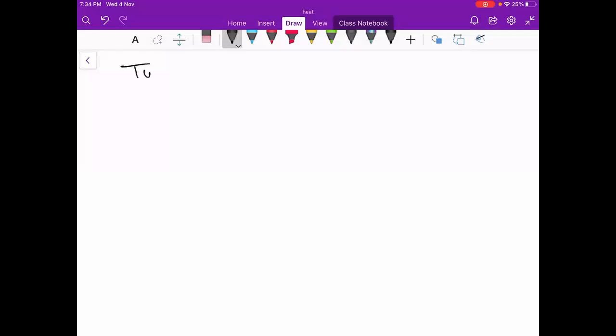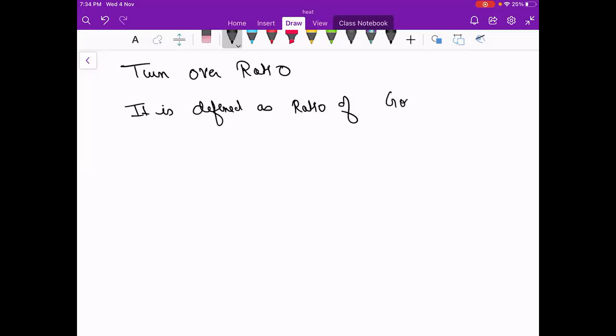Okay, next there is also one formula, turnover ratio. It is defined as the ratio of gross annual sales upon fixed capital investment.